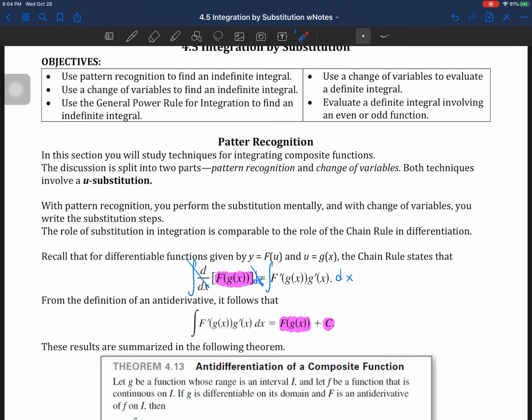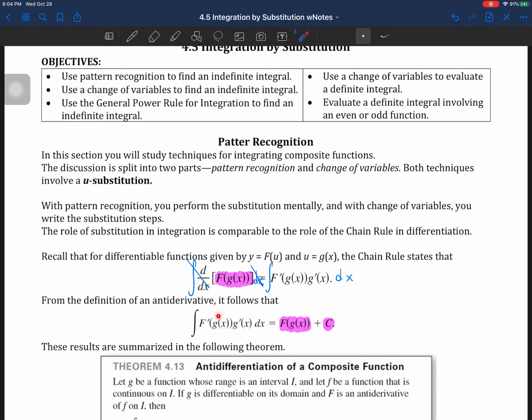But if you notice, what needs to happen in order for us to do this is the following. You need to have the derivative of the original function. From here to here, you're basically taking the antiderivative of the function, and that's how you get this.